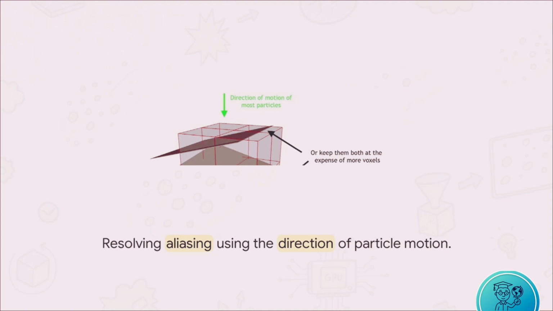Storing all of them would totally crash your video memory. Well, the GPU smartly saves memory by resolving this aliasing. It looks at the direction the majority of the particles are traveling from, say a waterfall falling straight down, and it only keeps the plane equation that is closest to that direction. It literally just throws away the interior angles the water would never hit anyway.